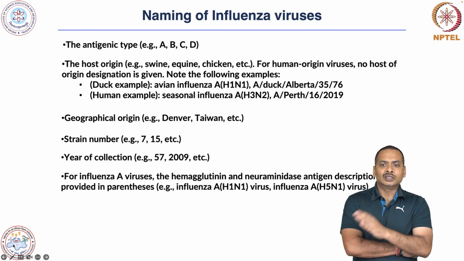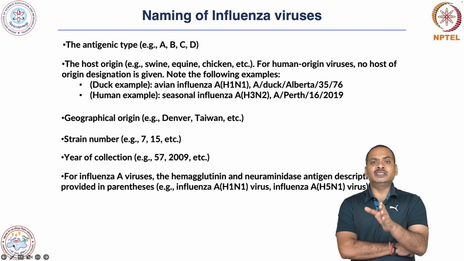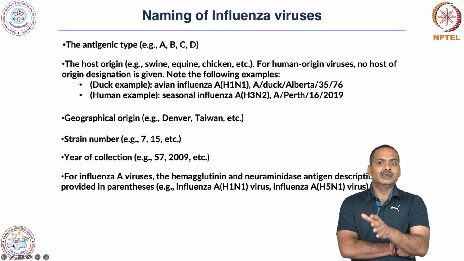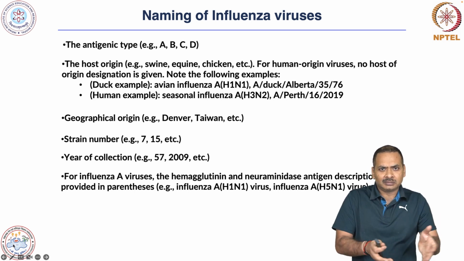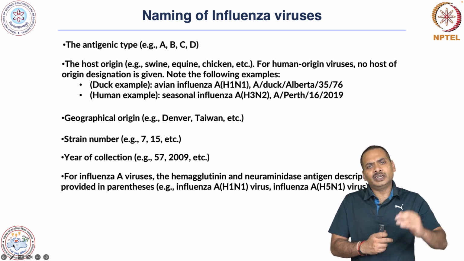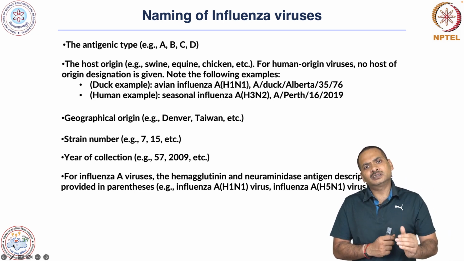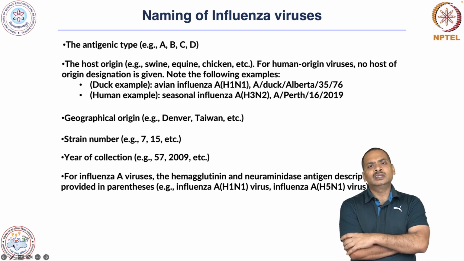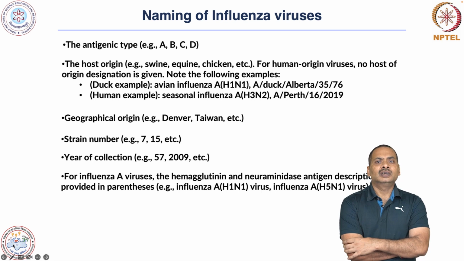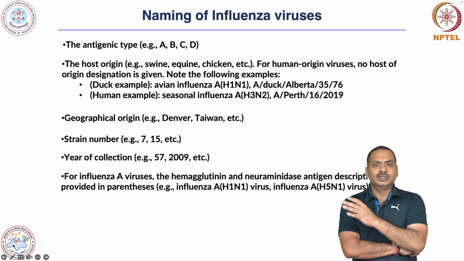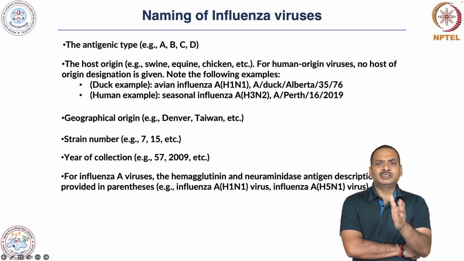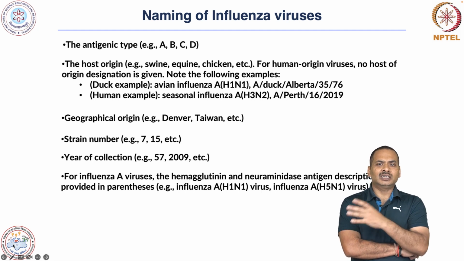Another example you can see is influenza A H5N1. This is numbering, which number H is there and which number N is there. So that number is given: H1N1, H5N1, H3N7, something like that.